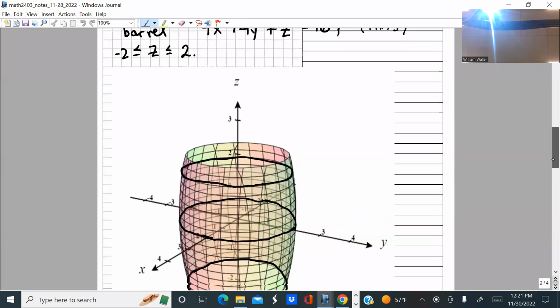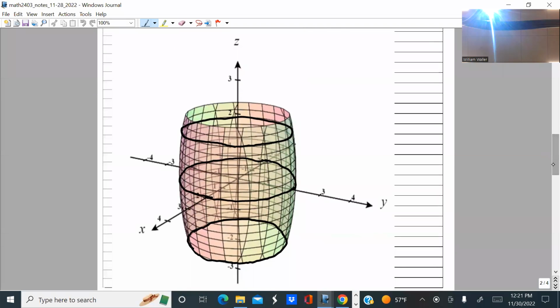Now, here's the way I was explaining how you could integrate this before in one of the earlier examples. Let's take a look at just a trace of the barrel in the XY plane. What is this curve that's in the XY plane?